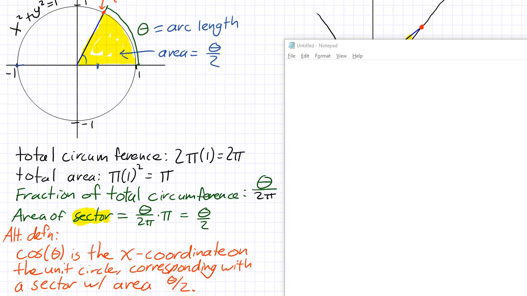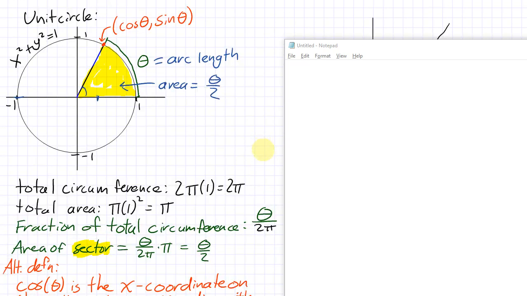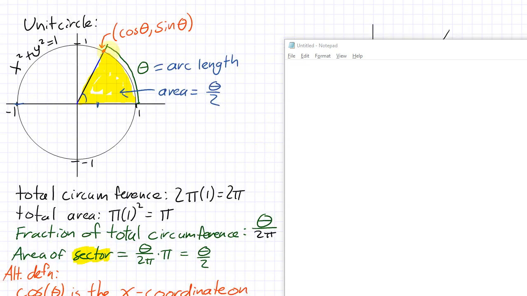So it's kind of like another way of defining what cosine is. It's not just this x-coordinate, and sine isn't just the y-coordinate here, but you could pretend we're plugging in double the area of the sector, and then getting the corresponding x and y coordinates that relate to that.